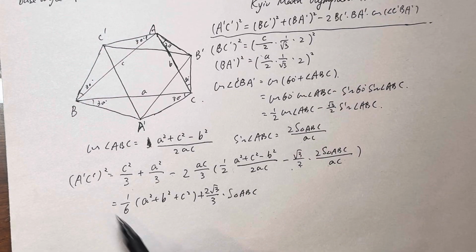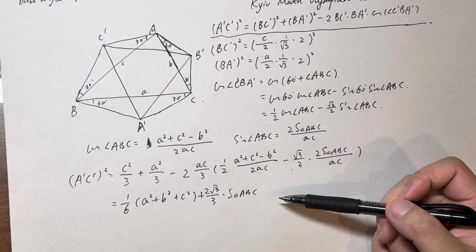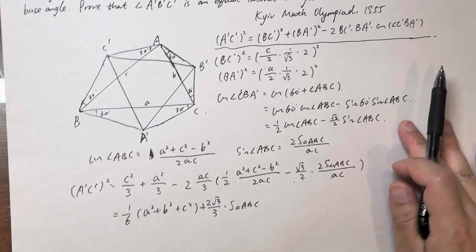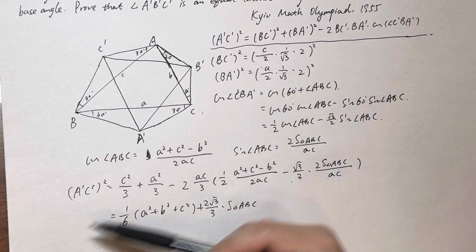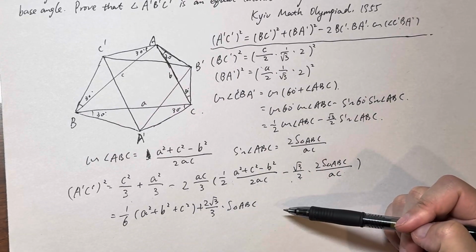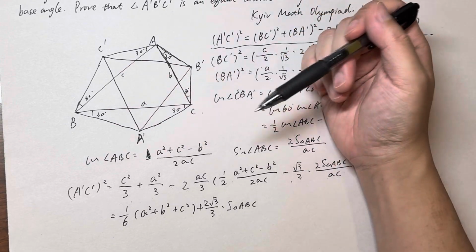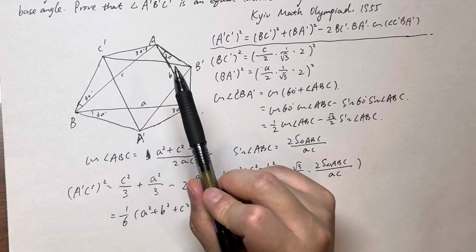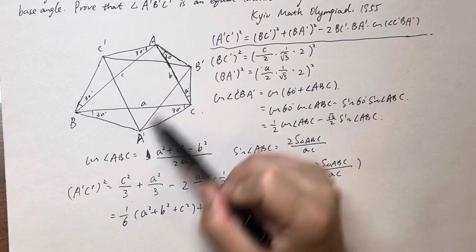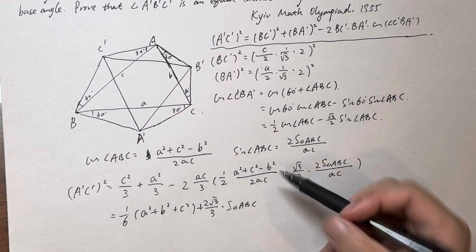That means A prime C prime is this number, and we already know that we can just change a to b, b to c, c to a, and we get the same equation for A prime B prime and C prime B prime, right?